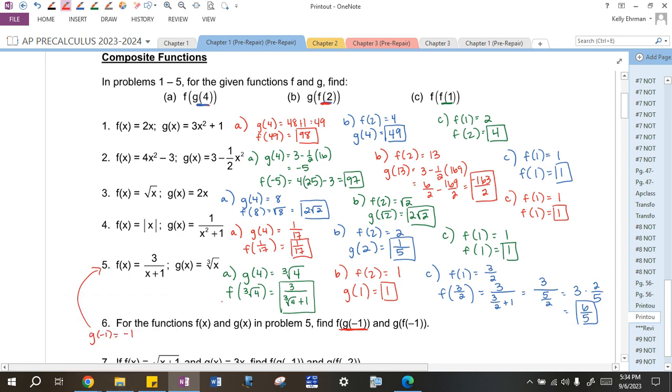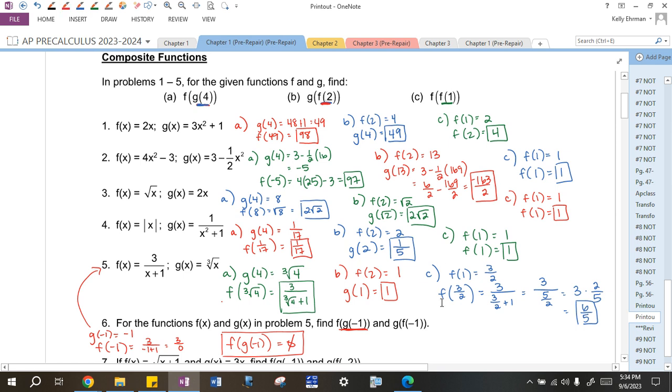And then f of that answer is equal to 3 over negative 1 plus 1. That's 3 over 0. So f of g of negative 1 is not defined. Even though negative 1 was able to be plugged into g, the result, negative 1, is not able to be plugged into f.